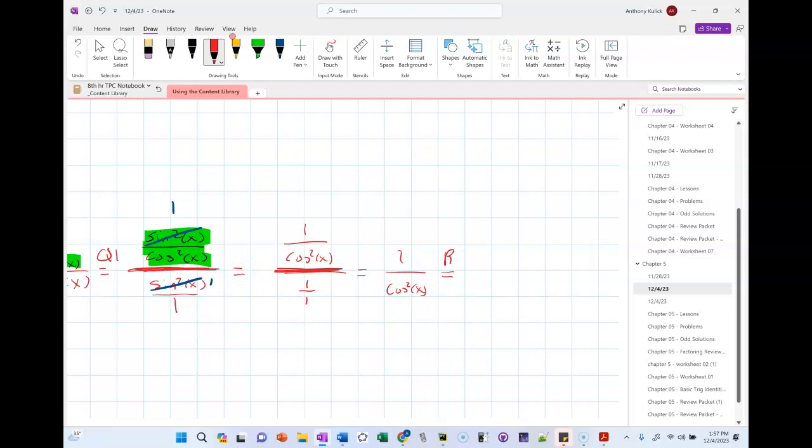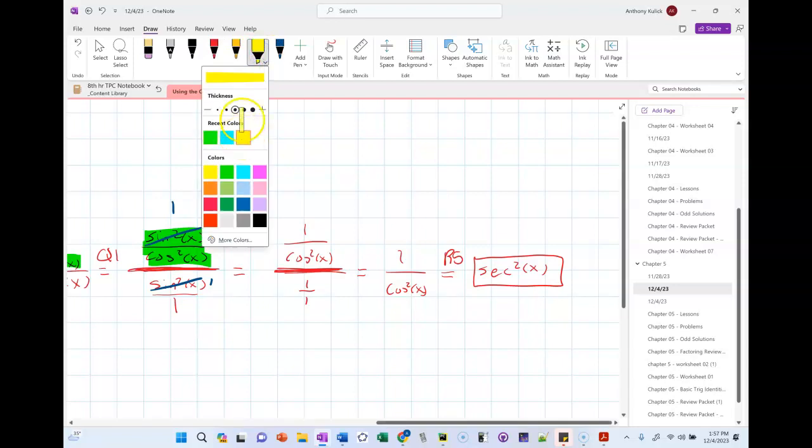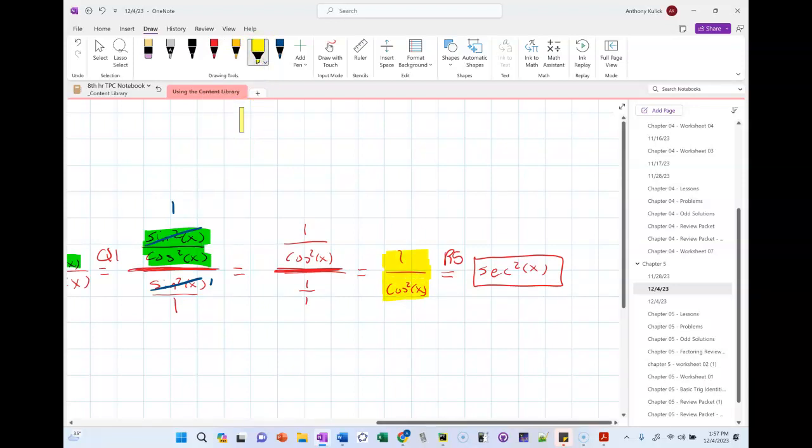R5, yeah. R5 says 1 over cosine theta is equal to secant theta. Since we have squared, 1 over cosine squared is going to equal secant squared. That's one thing now, not a fraction. Better than a fraction. So we'll call that finished. That was our identity R5.